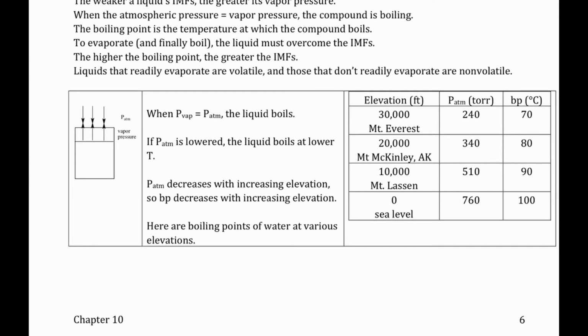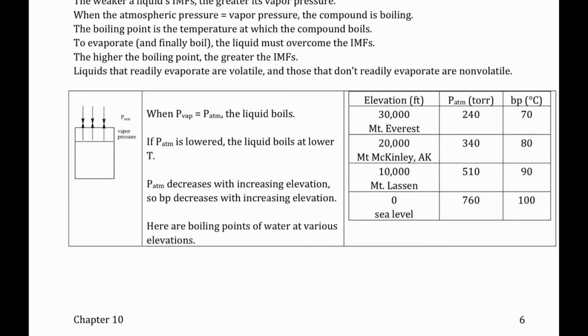So going to the table on the right, at sea level, elevation 0, the atmospheric pressure typically is 760 torr. The boiling point is the regular boiling point of water. We call it the normal boiling point of water, 100 degrees Celsius.